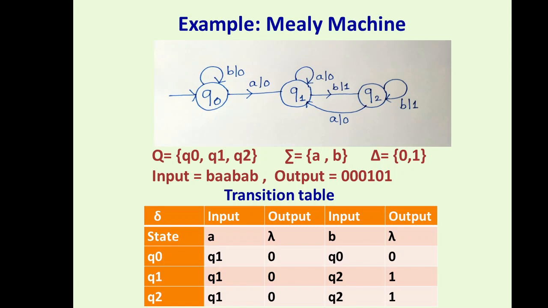Then Q0 on A is the next input symbol, we are reaching to Q1 and it is generating output 0. Then Q1 on A, it is generating output 0 and we are reaching to state Q1 itself. And here at the end we will get the output as 0, 0, 0, 1, 0, 1.